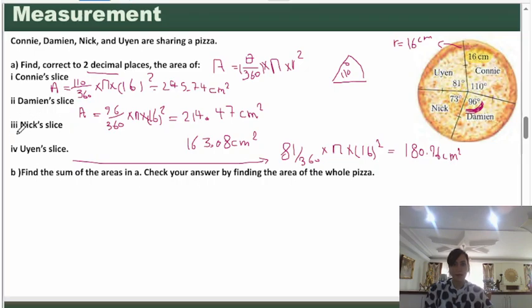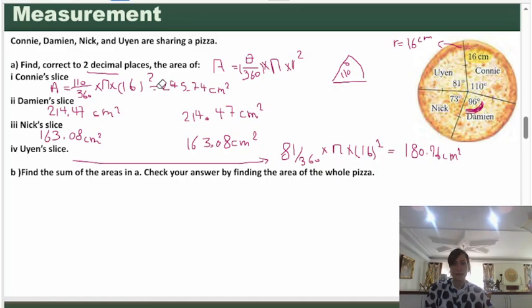Here it would be 163.08 centimeters squared. For this part, it was 214.47 centimeters squared.